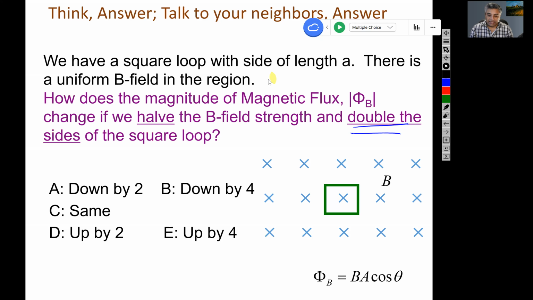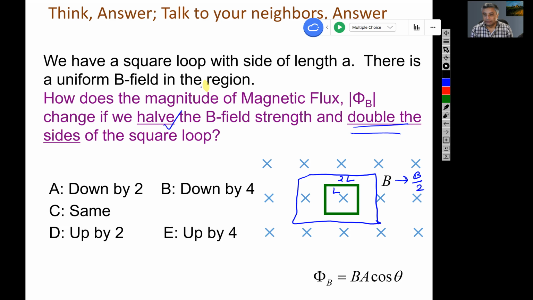Doubles the sides of the square. Doubles the sides means if this is L, it becomes 2 times L. And B goes from B to half, right?